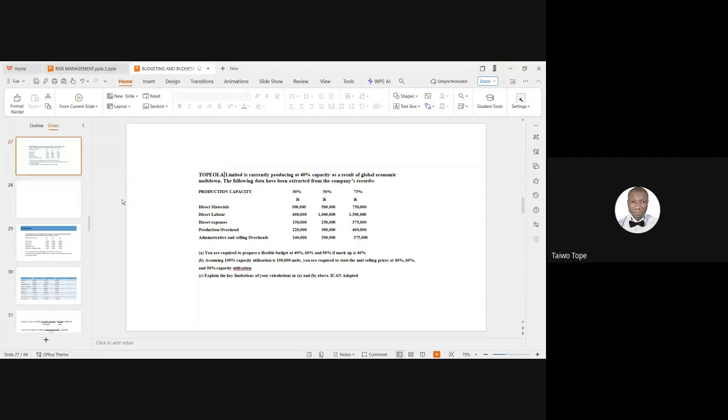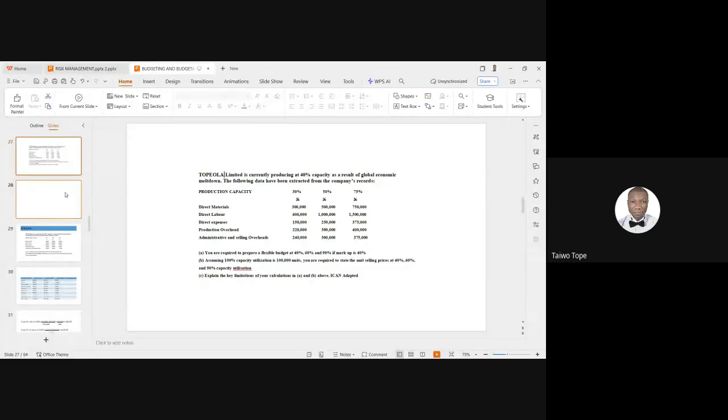So now, direct material. The highest value of direct material is 750 at 75%. The lowest is 300. Our capacity level, the highest is 75 and 30 is the lowest.